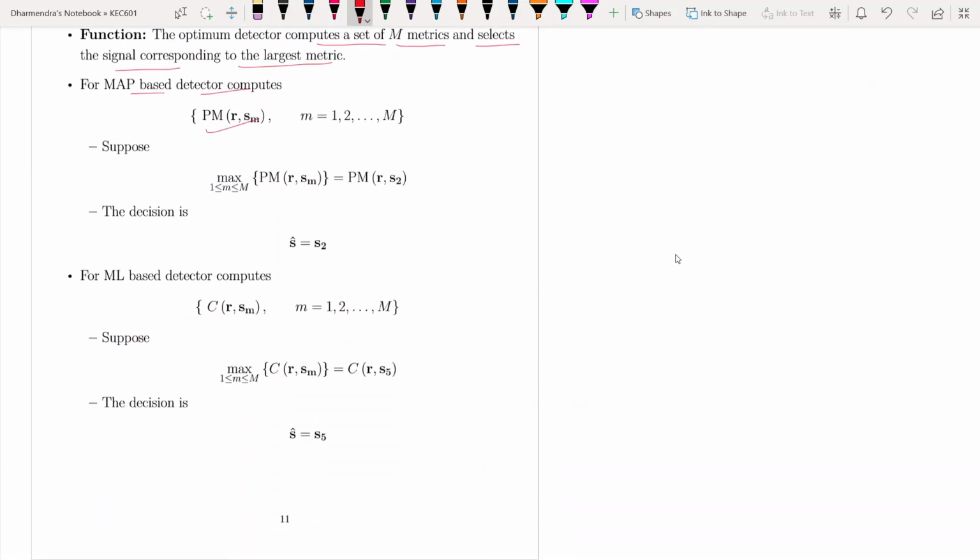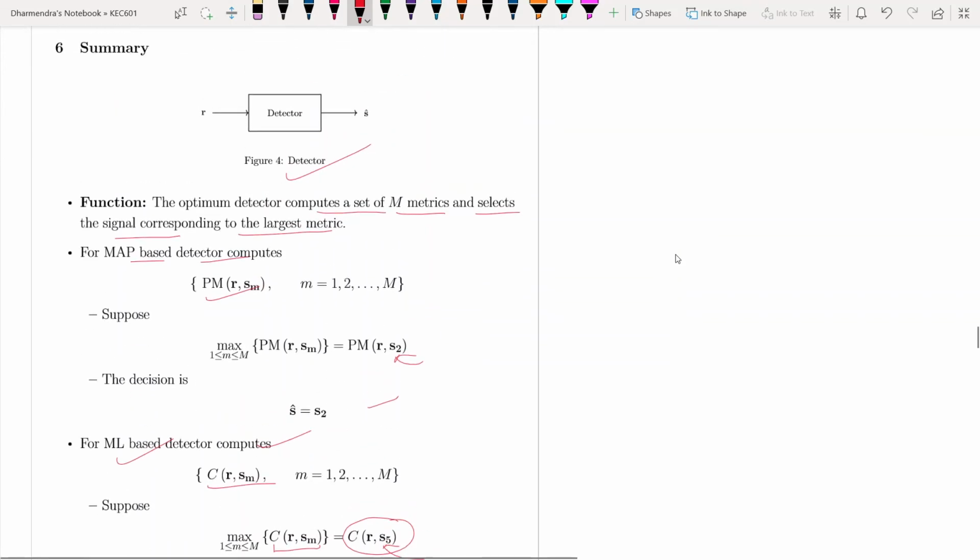Suppose you have calculated M metrics and find that the a posteriori probability metric corresponding to S2 is maximum, then S hat will be S2. Similarly, for an ML based detector, compute the correlation metric between r and Sm. There are M points. Suppose we find that among the M correlation metrics, the one corresponding to S5 is maximum, then S hat will be S5. The decision is S5. So you understand how the detector works.